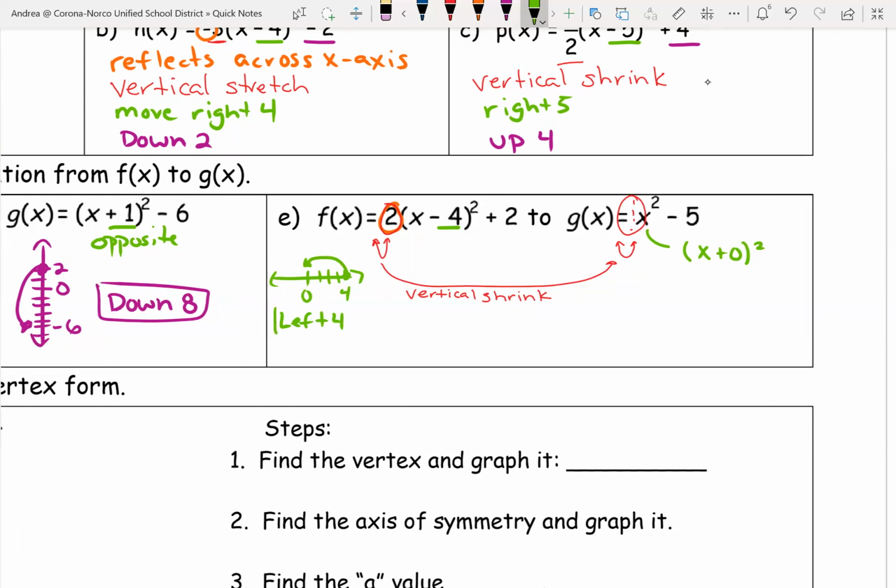So I have a vertical shrink, a left 4, and then what happens with the y value? I went from 2 to -5. So that's 2, and then 1, 2, 3, 4, 5 to -5.